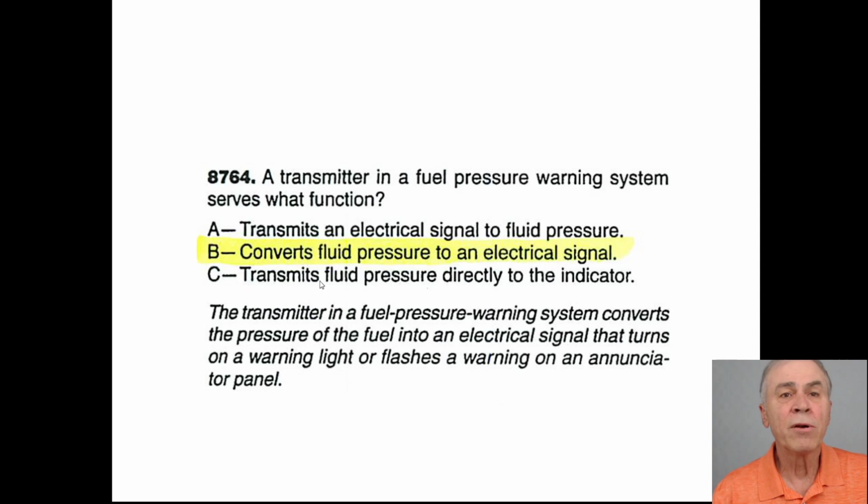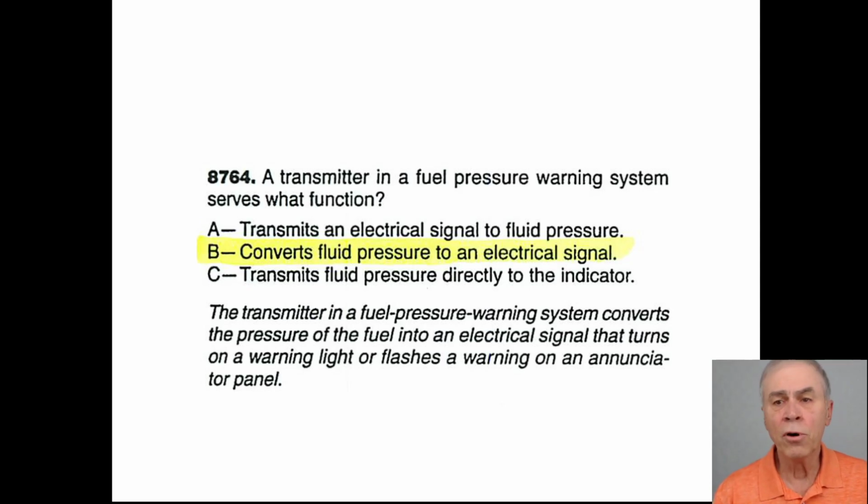A transmitter converts fluid pressure to an electrical signal. Okay, I have to accept that because, yeah, the word directly, I guess I was floating over that. I liked the transmits to the indicator so much that I ignored the word directly. All right, I suppose now that I'm reviewing it, I can understand that.